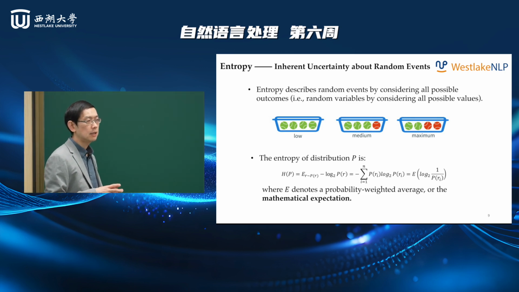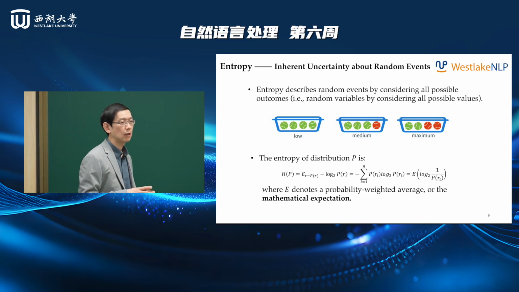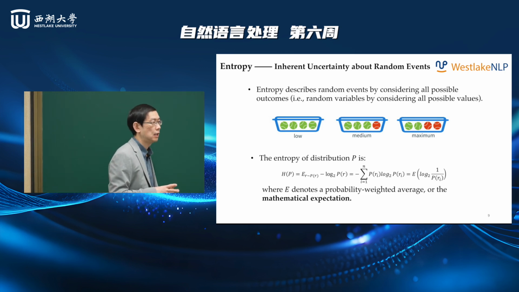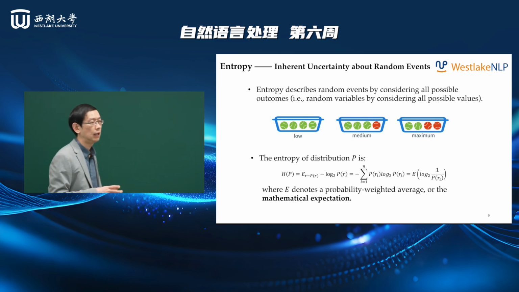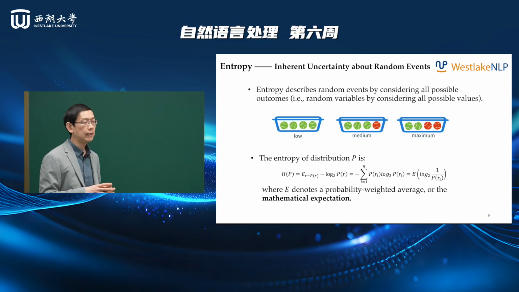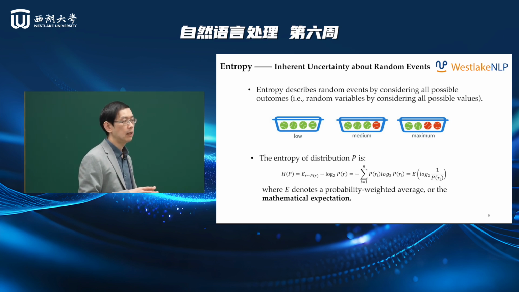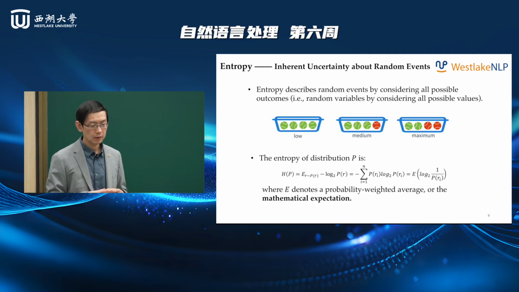This mathematical expectation is called entropy. Entropy measures some characteristics about a random event or random variable. It's the weighted sum of information over random event outcomes or random variable values.